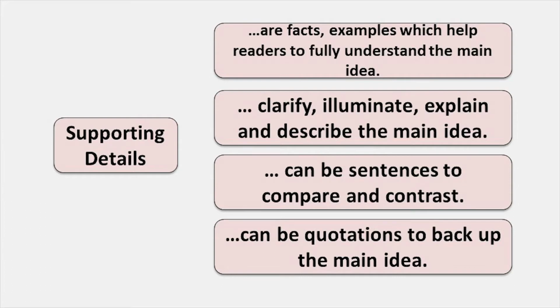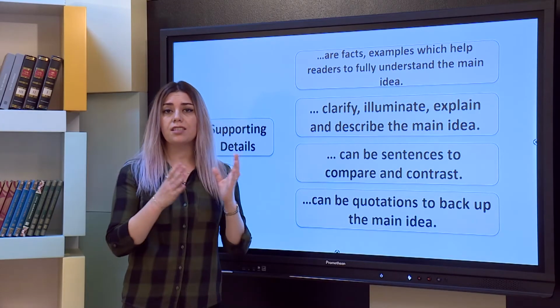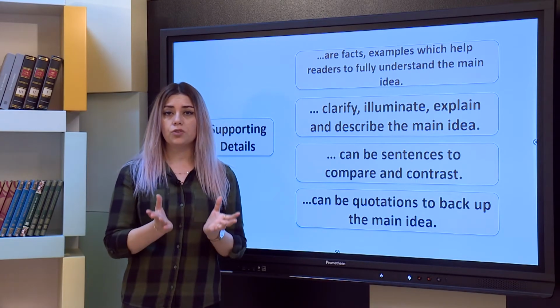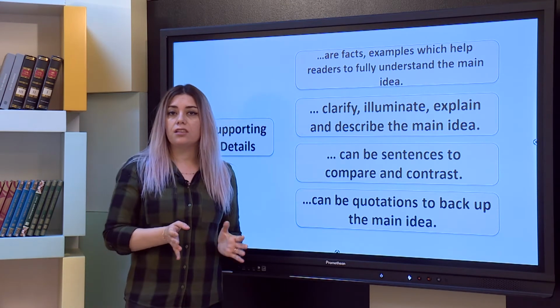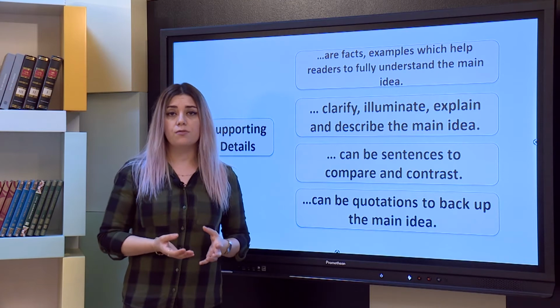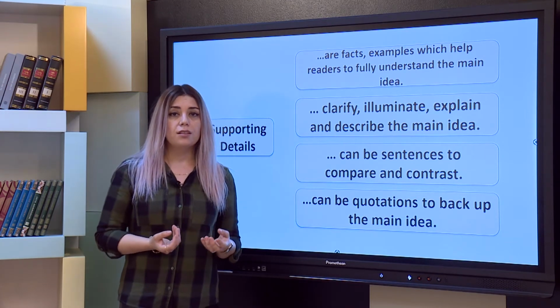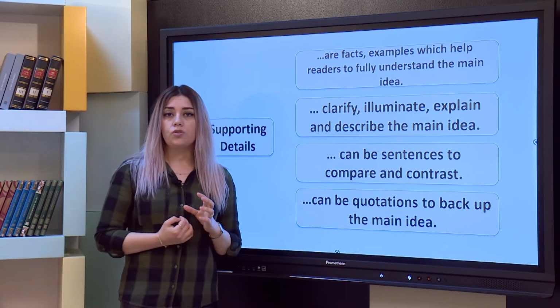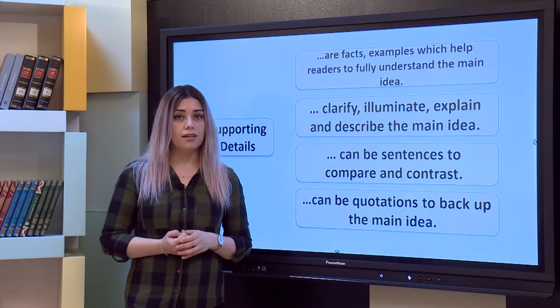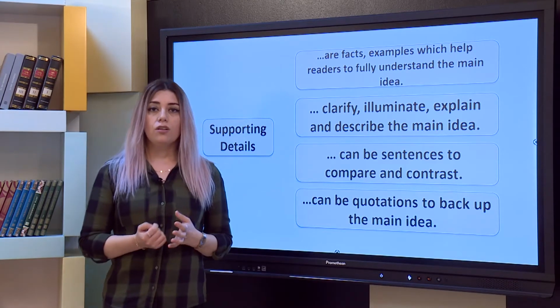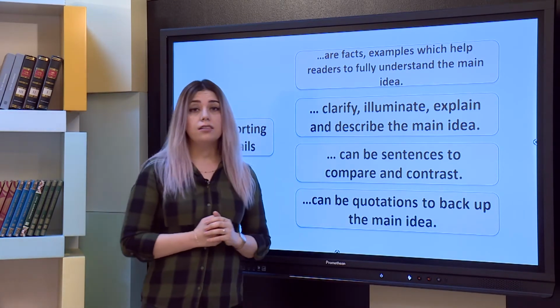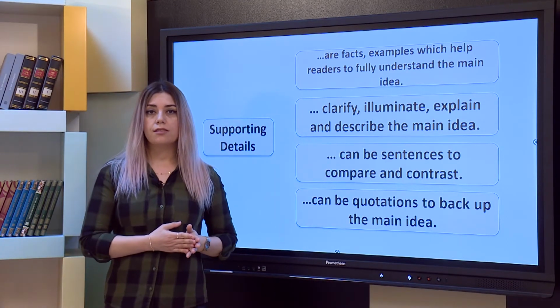Then supporting details can clarify, illuminate, explain and describe the main idea. Clarifying means explaining it, making it easier to understand, and illuminating means describing, depicting it, like creating a picture in the audience's minds in order to make them understand the main idea. So remember, supporting details are always there to make the main idea clear for us. Also, supporting details can be sentences to compare and contrast.